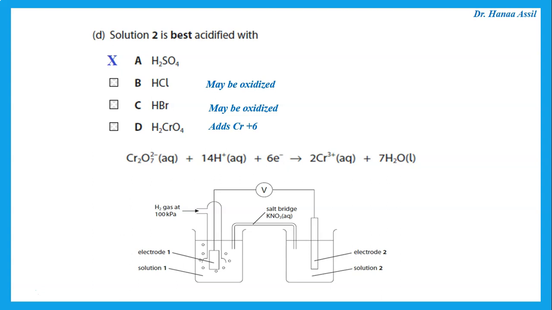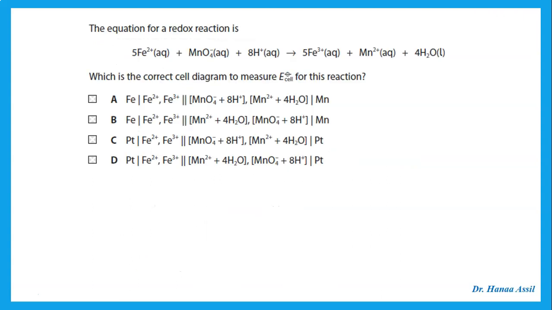So we do not include an acid that can react. And we cannot include an acid that has a different chromium ion. That's as if we're adding extra chromium ions to the solution. So the acidification has to be with the correct choice out of these, which is sulfuric acid.